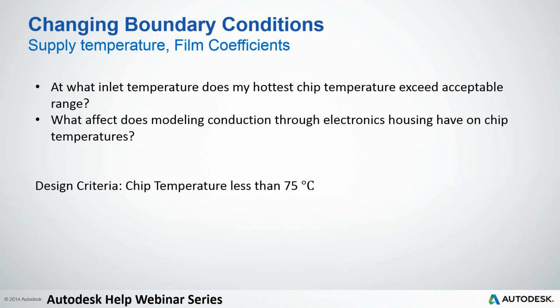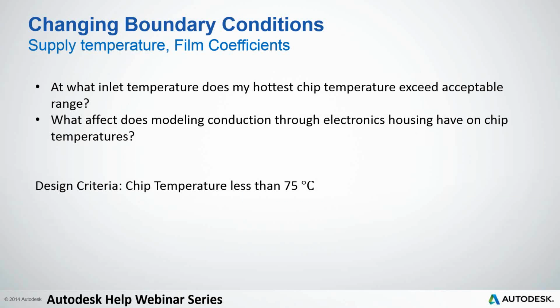All right. So next, I tried to assemble some design questions. At one inlet temperature, does my hottest chip temperature exceed the acceptable range? And I also talked about suppressing the electronics housing, that aluminum housing box. But what if I didn't suppress that?